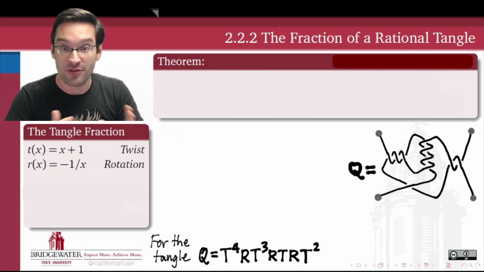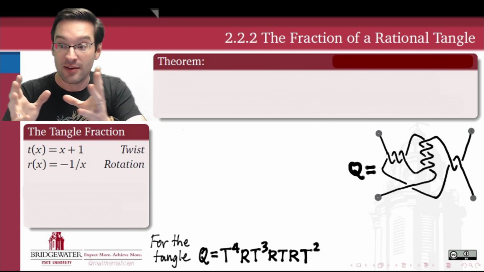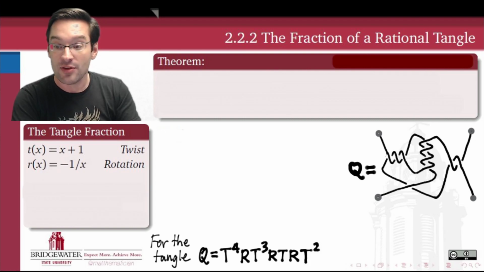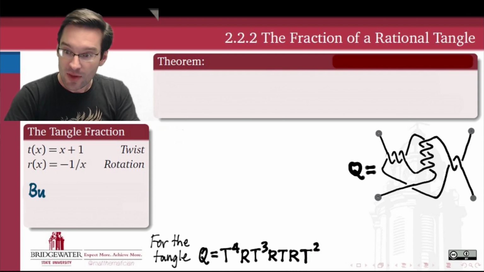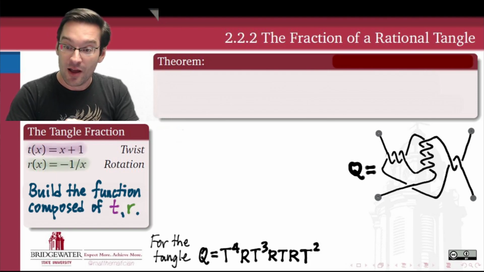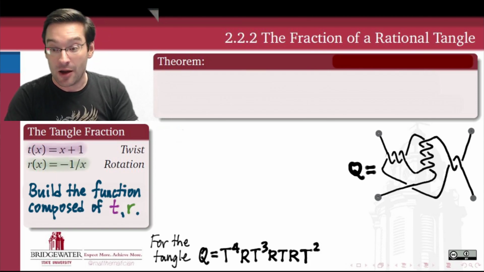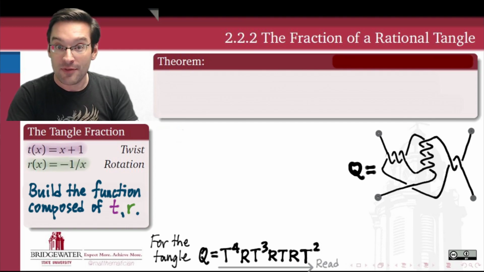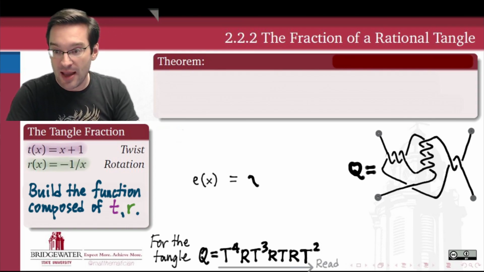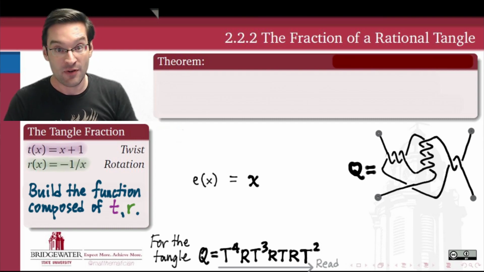I want to find first a function that can represent that rational tangle that is built out of composition of these 2 functions in the same way that my rational tangle word is made out of those same generators. So to do that, we'll first build this function out of the alphabet of the functions little t and little r. Reading my tangle from left to right, as we usually do, the first thing I'm doing here is starting with an empty tangle, which we're going to represent with the identity function.